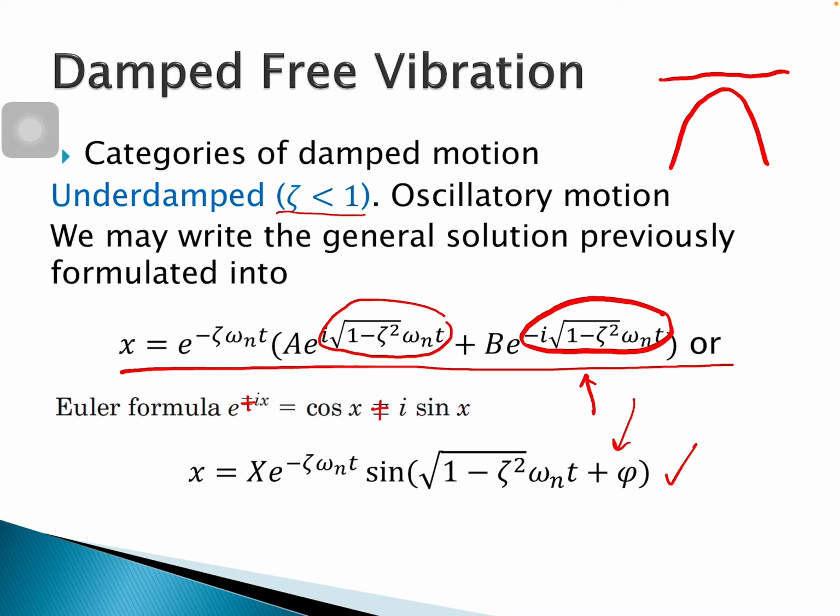So it's a long way to get this equation, and we have two constants, X and psi. X is the amplitude and psi is the phase difference.